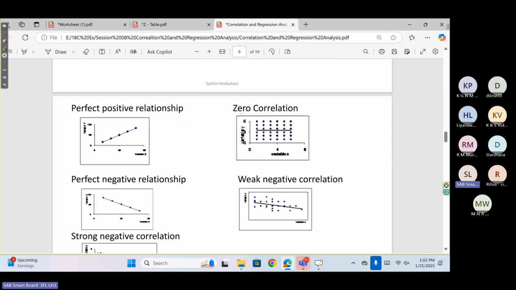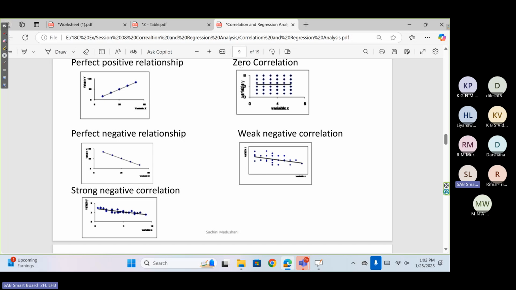Here we can identify. Looking at these 5 graphs, there are 5 scatter plot diagrams. Looking at the first one, all the plots are increasing. There is an upward trend. It means there is a positive relationship.